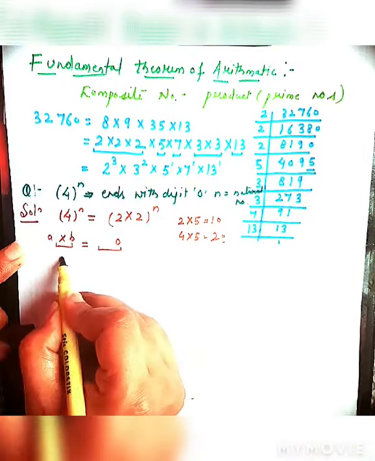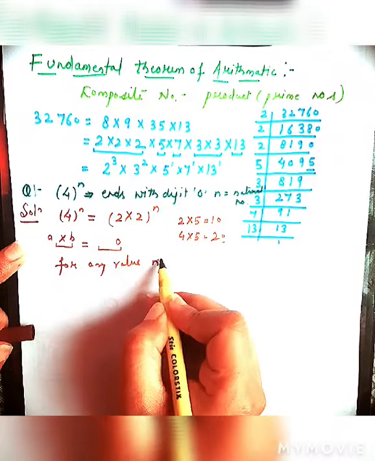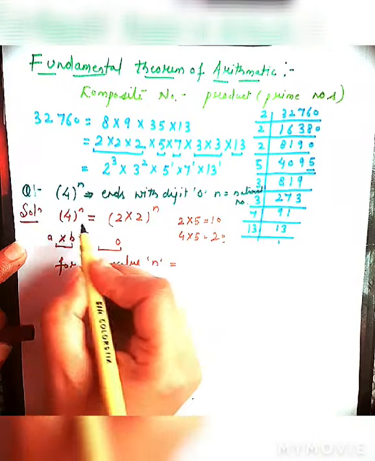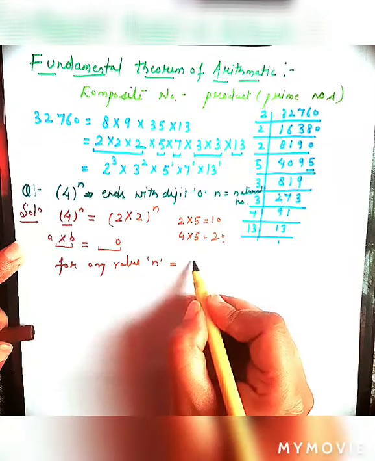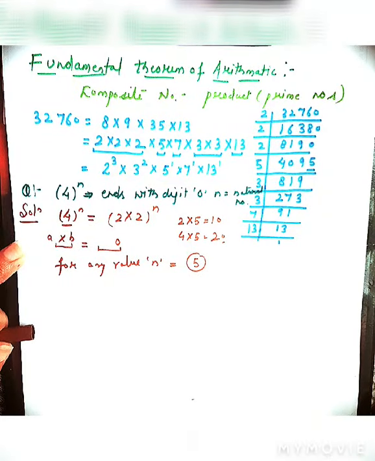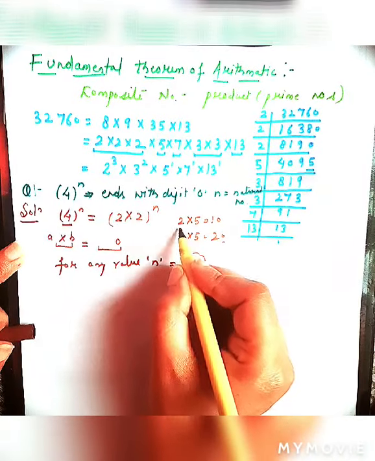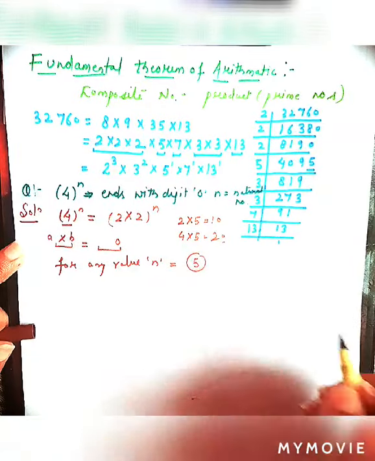So for any value of n, if the term 4 to the power n contains 5 in its value, then there is a possibility that 5 will be multiplied with 2 or 4, and then we will get digit 0.